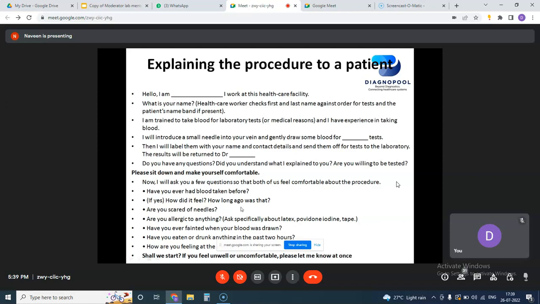So those things should be asked from him so that proper care can be taken. So then after comforting the patient, start the procedure.